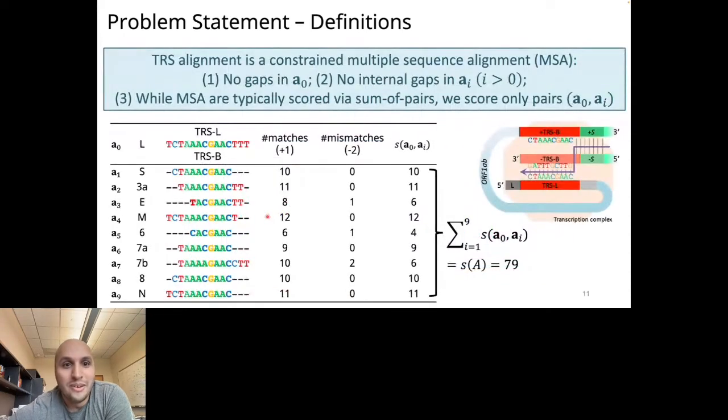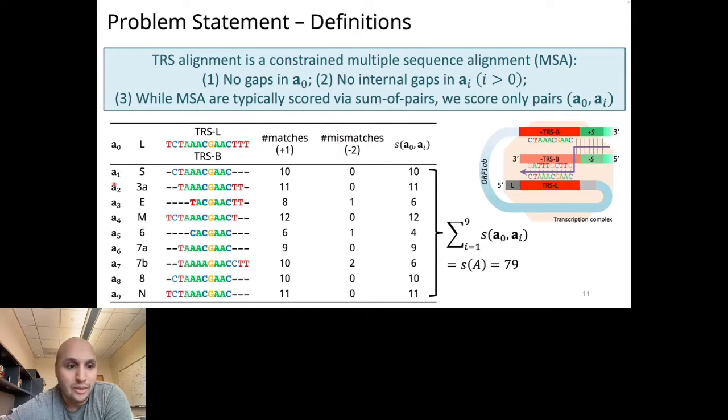So the way we score a TRS alignment is different from a regular multiple sequence alignment. Typically, multiple sequence alignments are scored using sum of pairs, so you would look at all pairs of sequences. In our case, because we have template switching with respect to the leader, we only score with respect to the leader.